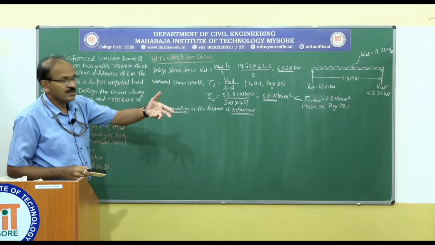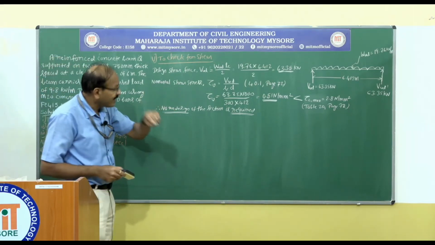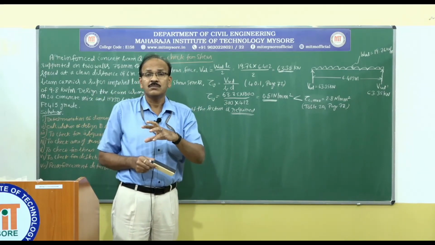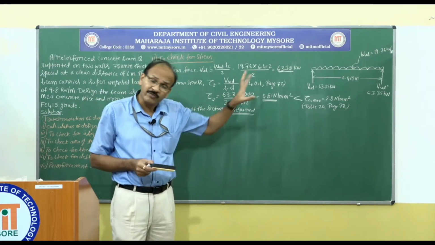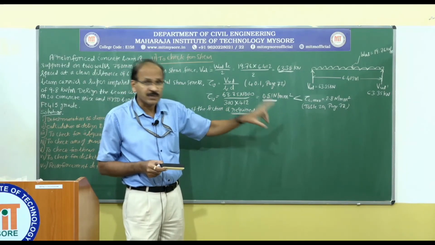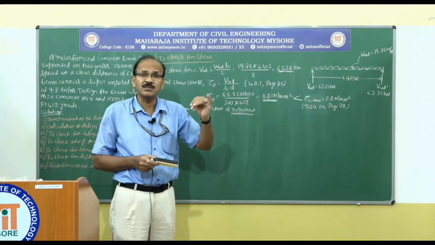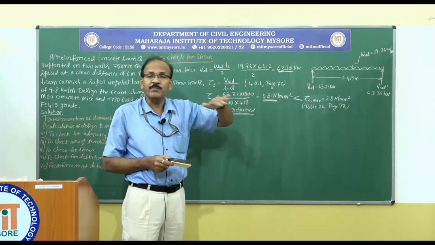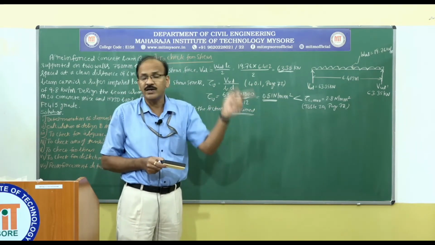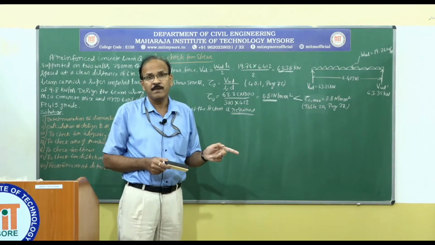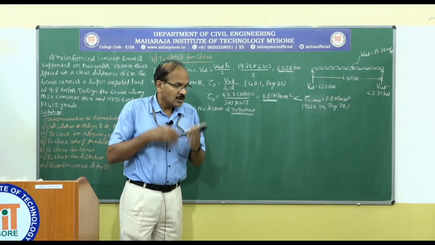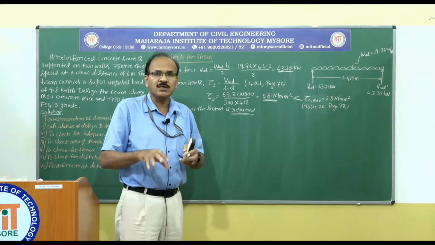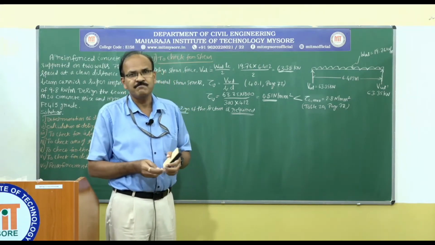So what next? The next thing is we need to provide stirrups. We need to provide bent up bars. Here we have not provided any bent up bars because we are continuing all the 3 bars of 20 millimeter diameter at the bottom to the support. We are passing it. We are not curtailing and we are not bending any bars. So shear strength contribution from bent up bars is going to be 0 here.